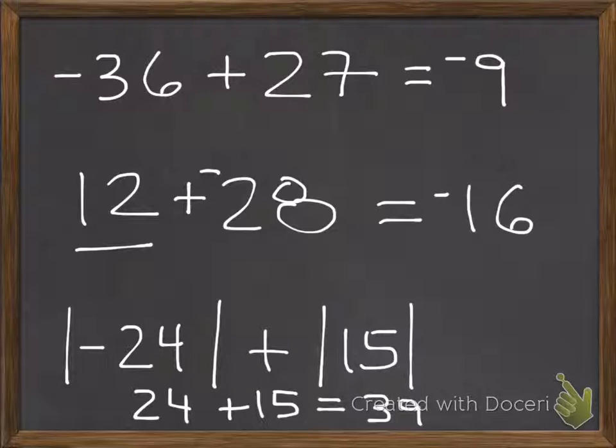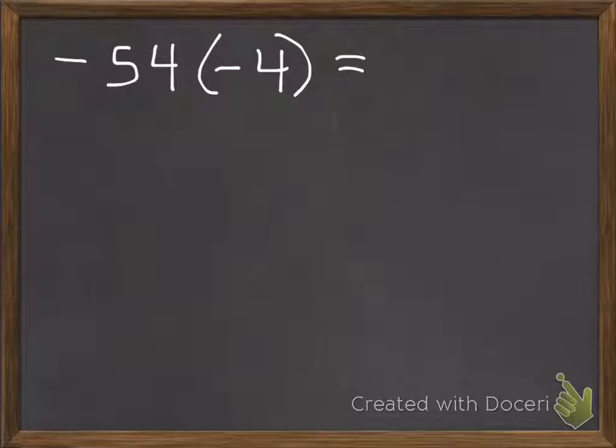So the first one is negative 54 times negative 4. Since both are negative, we're going to have an answer of a positive here. So when we multiply 54 times 4, we get 216. So it's going to be a positive 216.